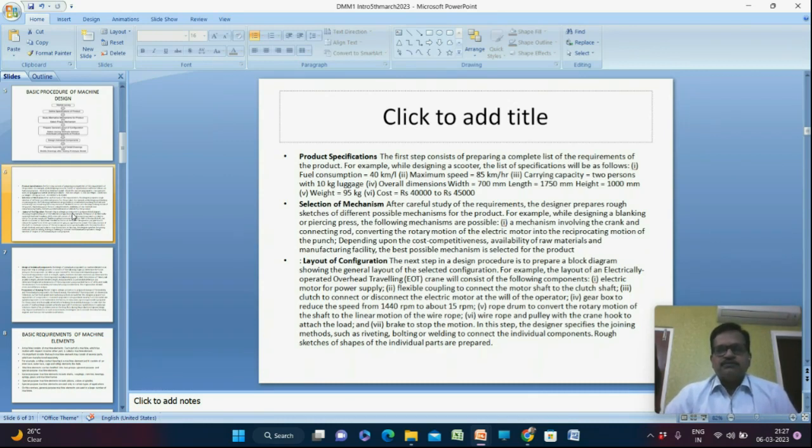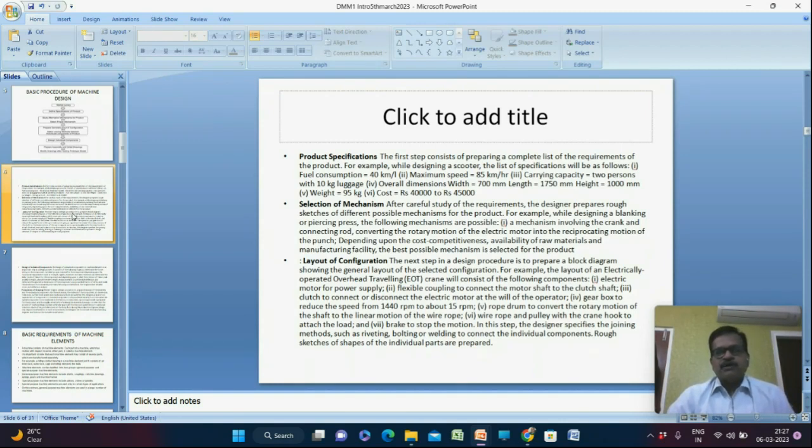Let us say it should have a fuel consumption of minimum 40 kilometers per liter. That means the fuel economy should be more than 40 kilometers per liter, and maximum speed, that is minimum 85 kilometers per hour. Carrying capacity 2 persons with 10 kg of baggage or luggage.